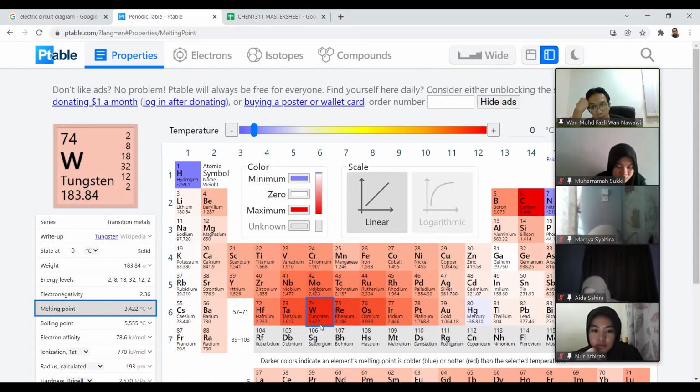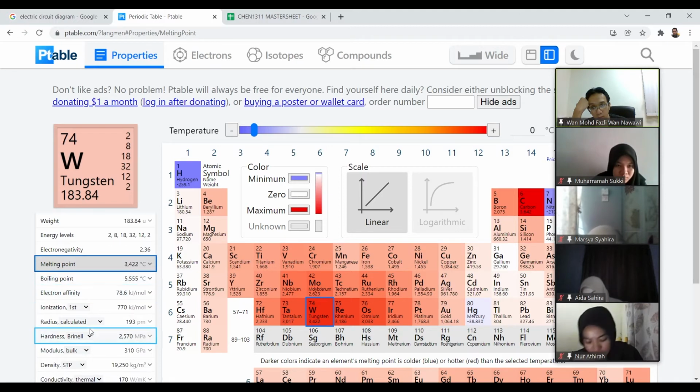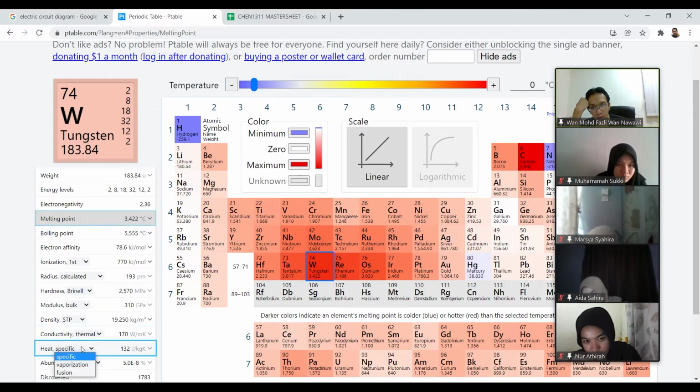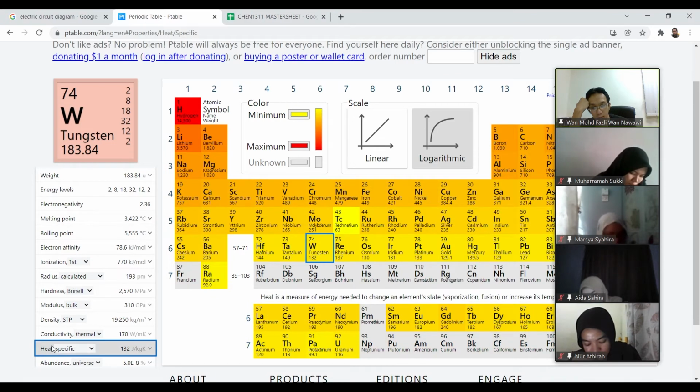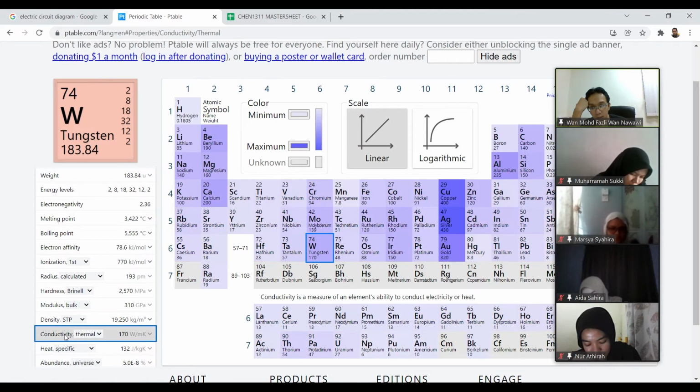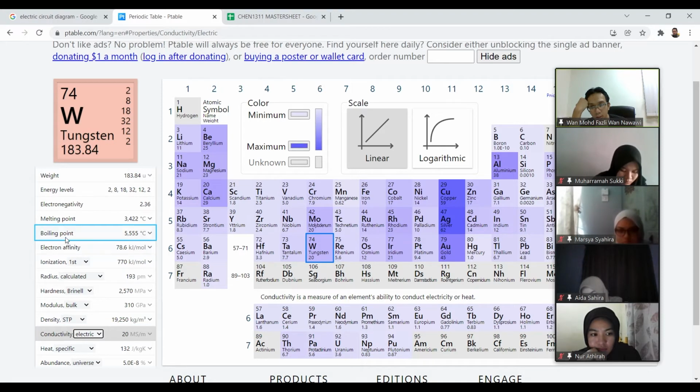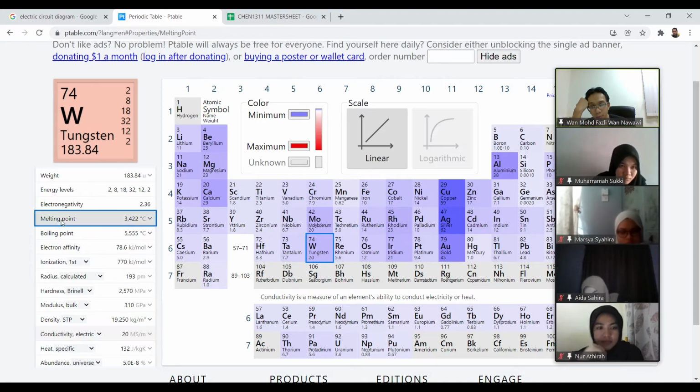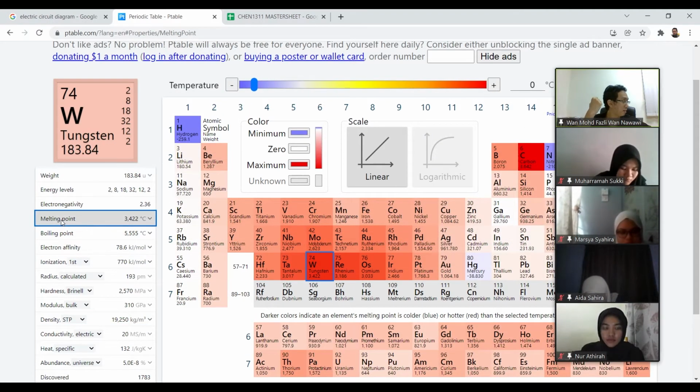It's not about heat, it's not about electrical conductivity, it's about the melting point, meaning that you can make a very thin tungsten wire, but still it does not melt.